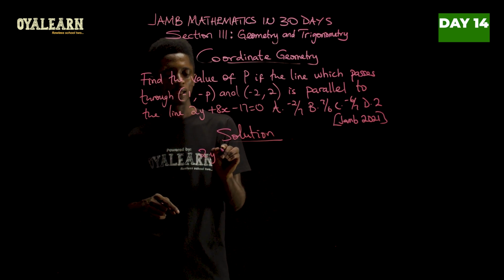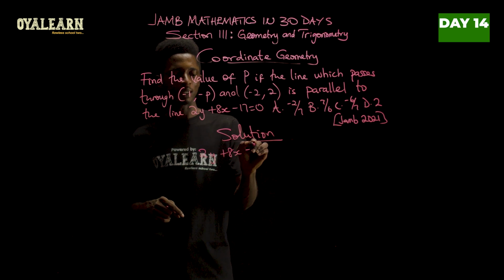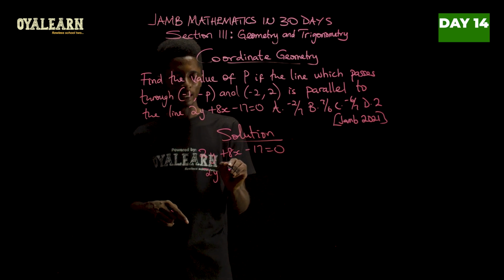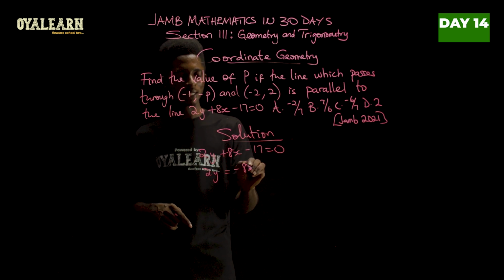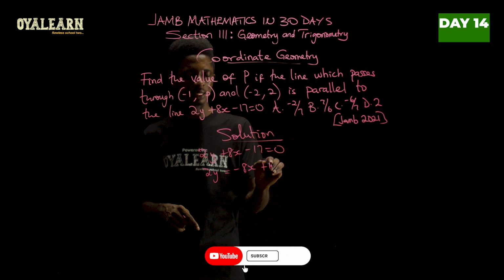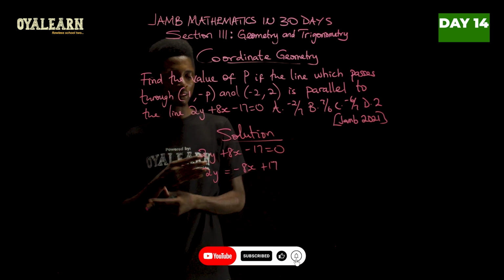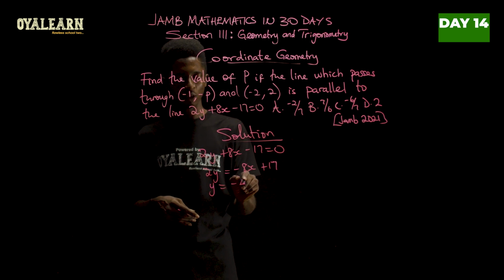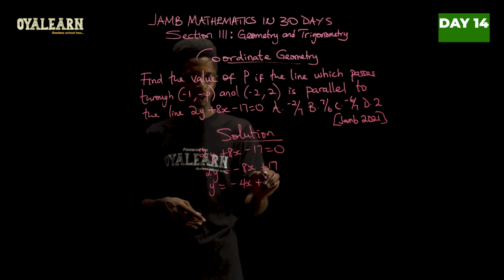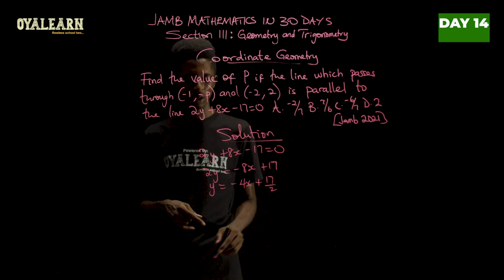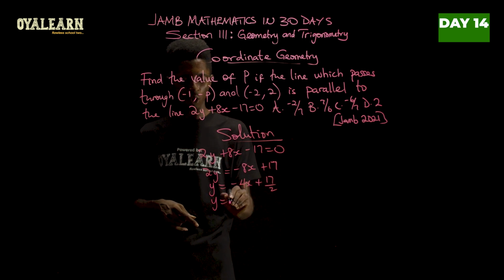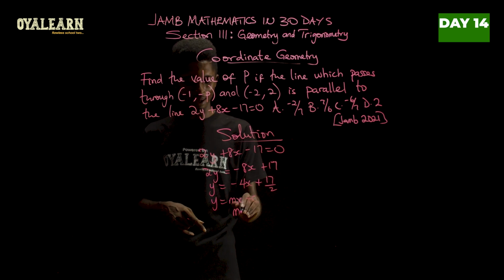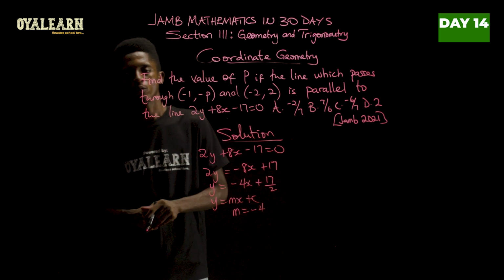So, 2y plus 8x minus 17 equals 0. From here, we can say 2y equals minus 8x plus 17. And when you divide through by 2, you see that y equals minus 4x plus 17 over 2. And comparing this with y equals mx plus c, we can see that our slope m is minus 4.